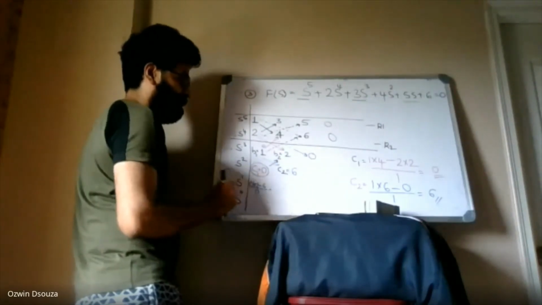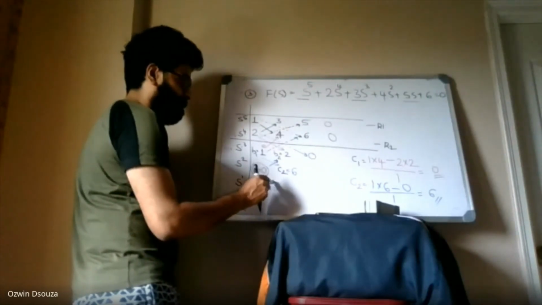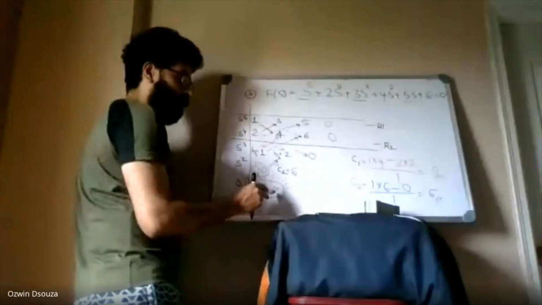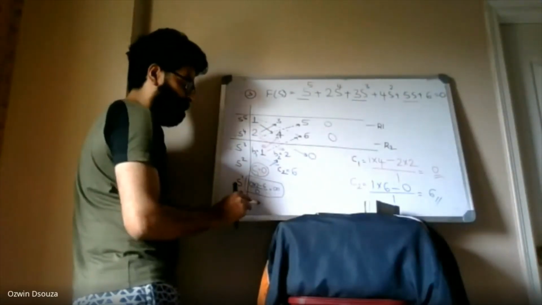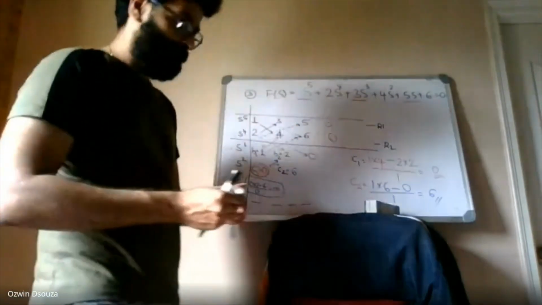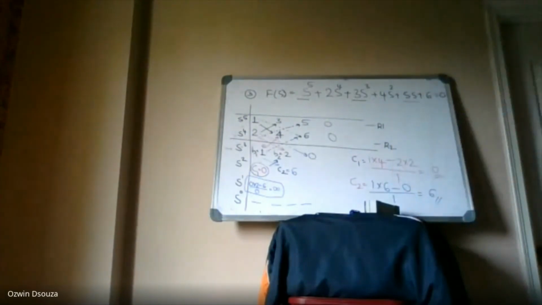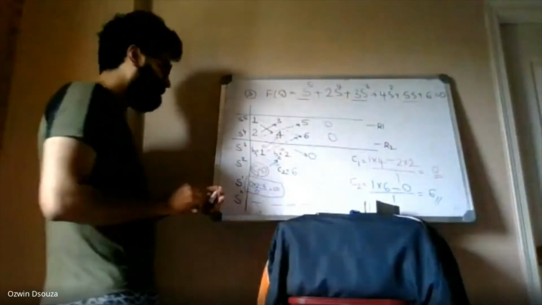So what do you get? 6 by 0, that is infinity. Once you get this as infinity, your method fails. So this is one of the difficulties encountered in the Routh-Hurwitz criteria. This is called a difficulty.